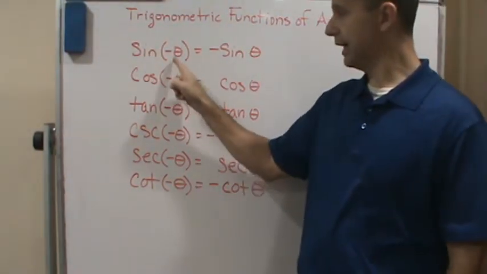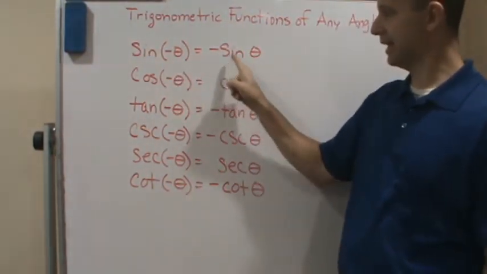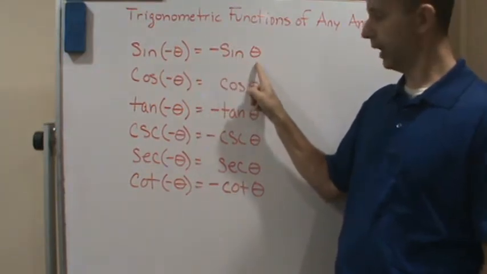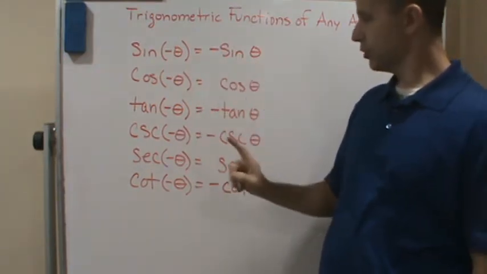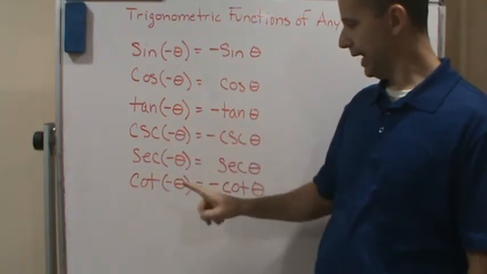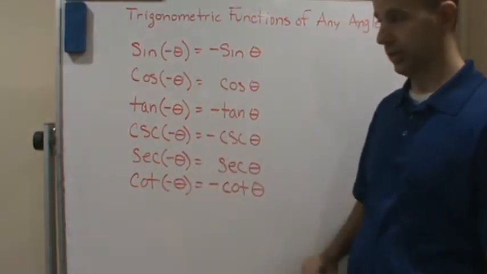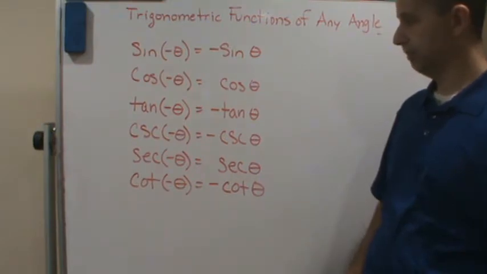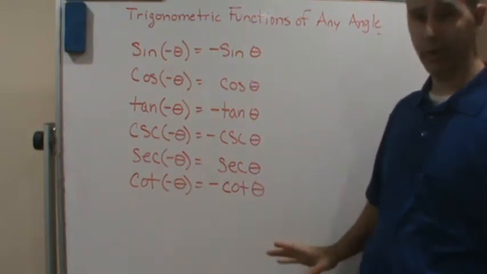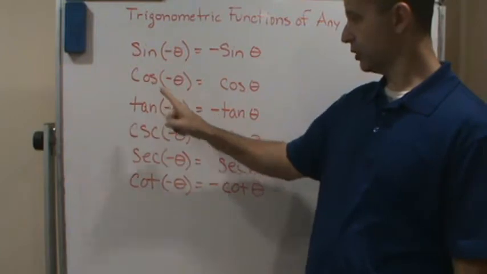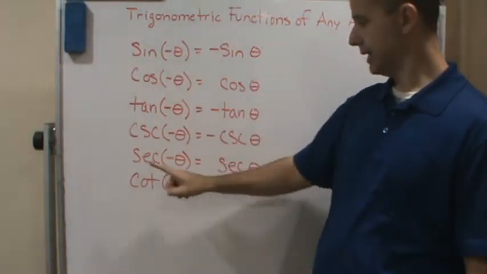So sine of a negative angle is the same as the negative of the sine of that angle. That goes true for tangent as well, and that goes for cosecant and cotangent. The only ones that are different are cosine and secant.